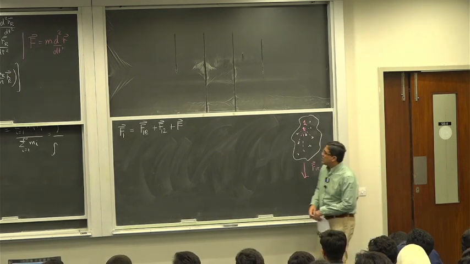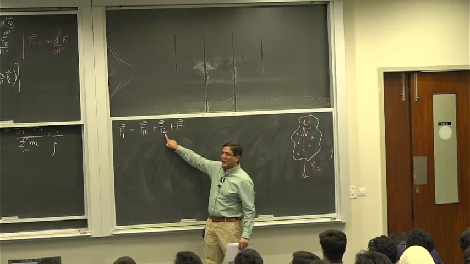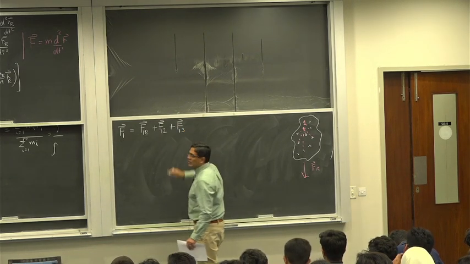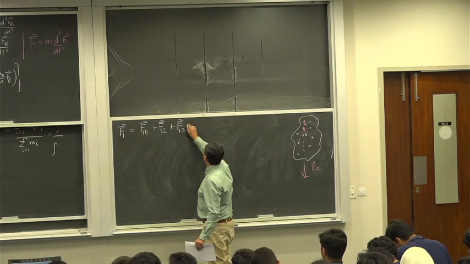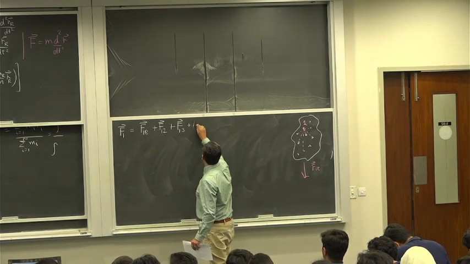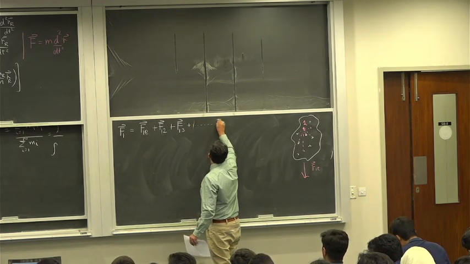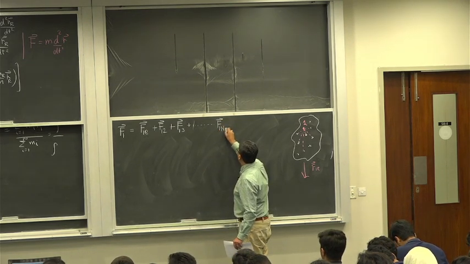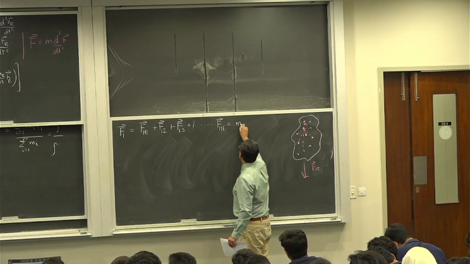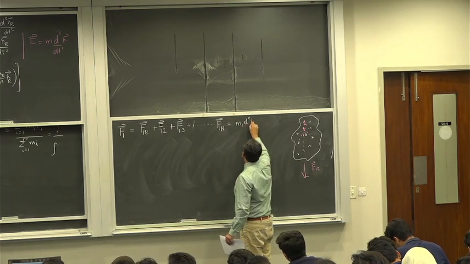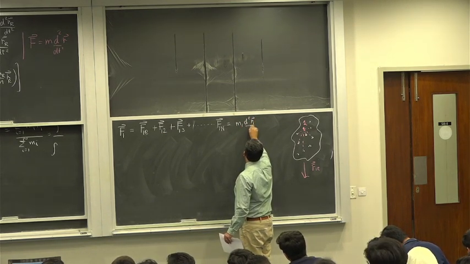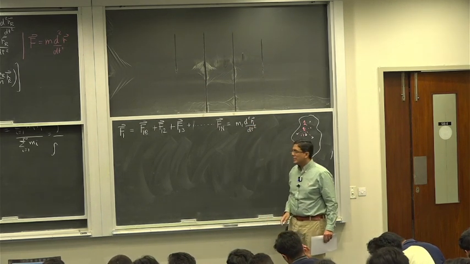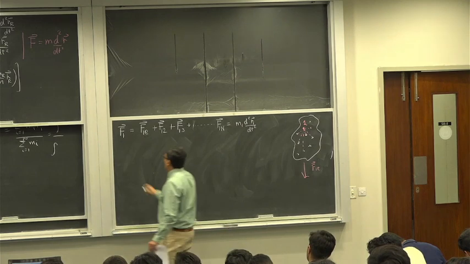This is the force on particle 1 due to particle 2, this is the force on particle 1 due to particle 3, and this is the force on particle 1 due to particle n, and this of course is going to be equal to m1 d squared r1 over dt squared.